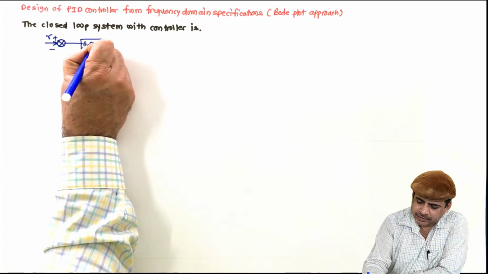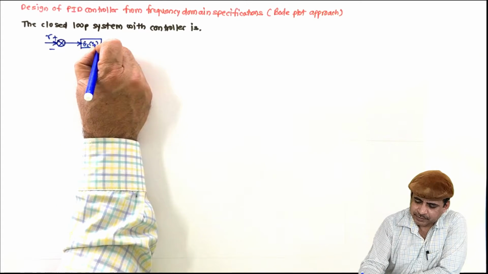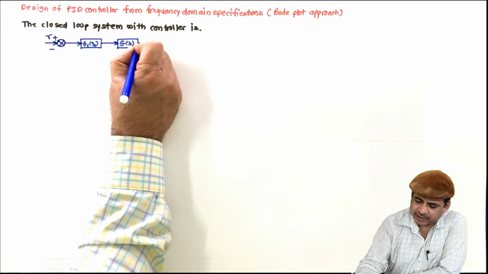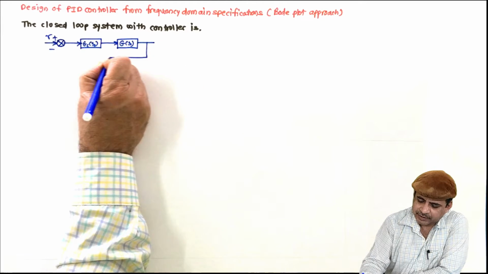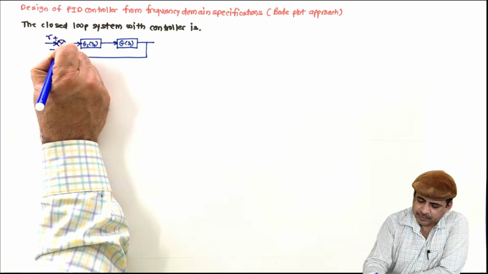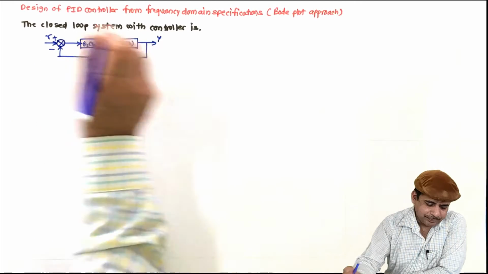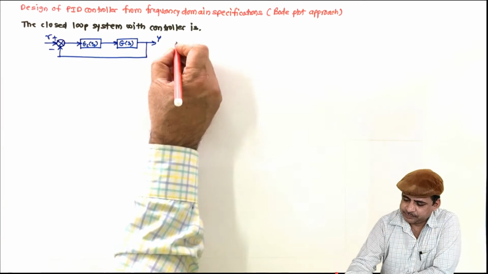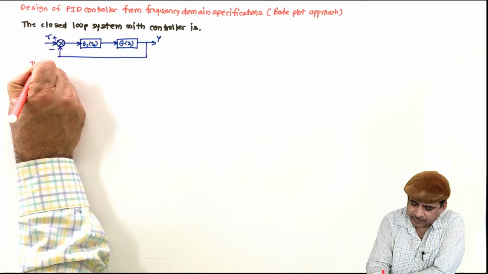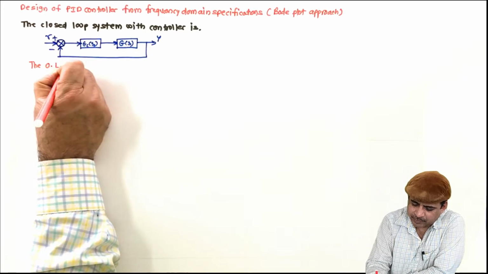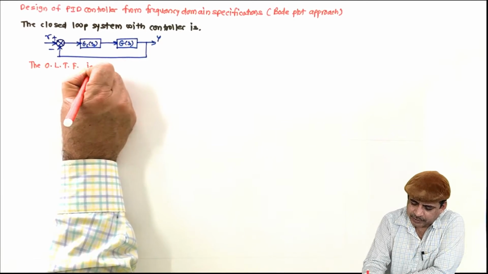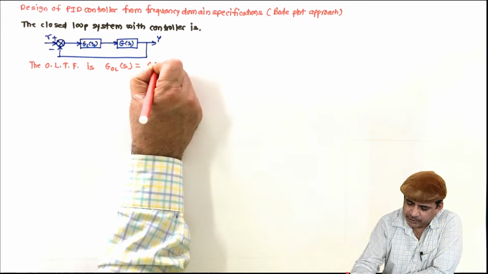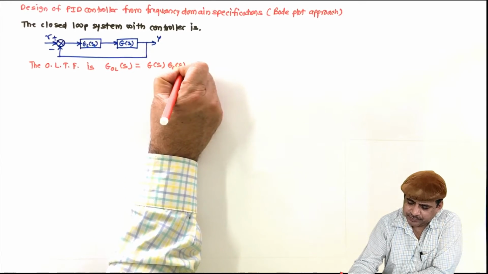Then we have controller GC of S. System is described by transfer function G of S and then unity feedback to get output Y. In this case, the open loop transfer function is GOL of S is equal to G of S into GC of S.